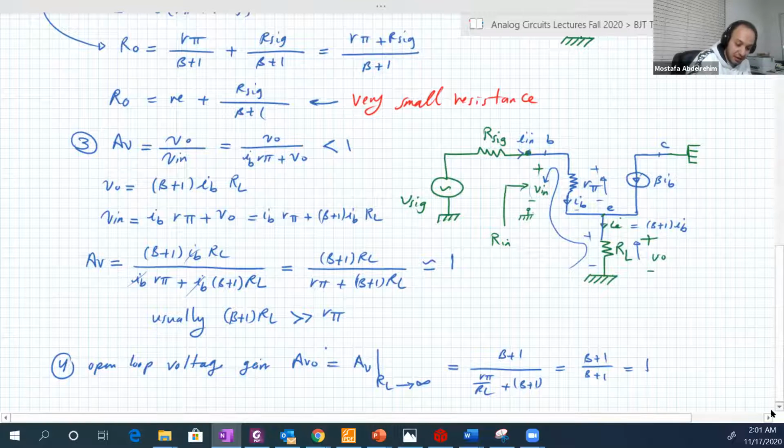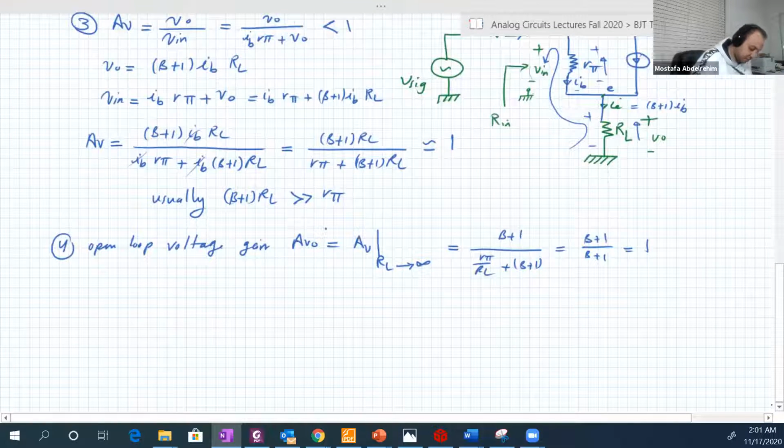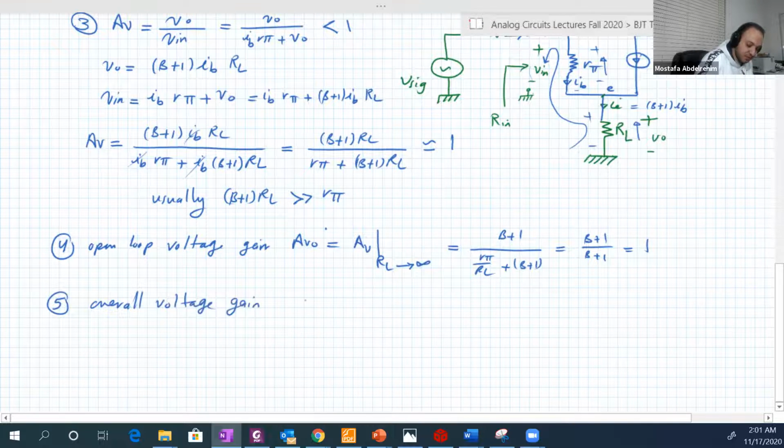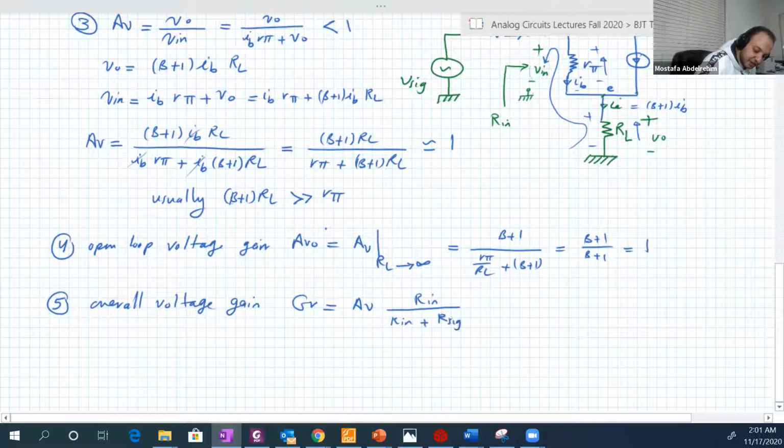How about the last one? Number 5, the overall voltage gain, GV. GV is equal to AV times R input over (R input plus R signal). So AV is close to 1.